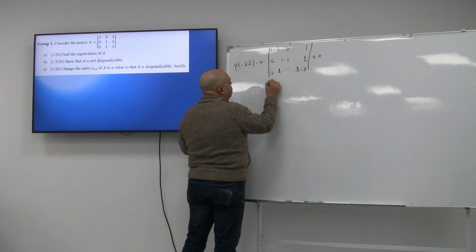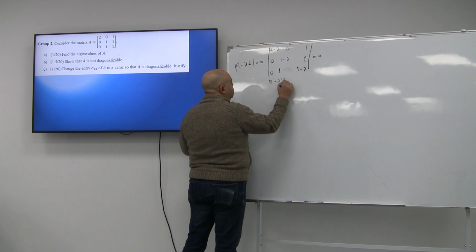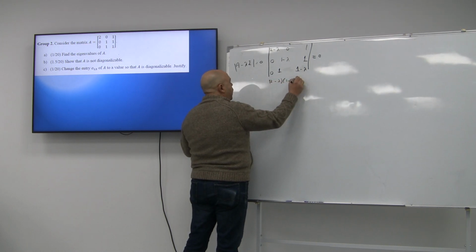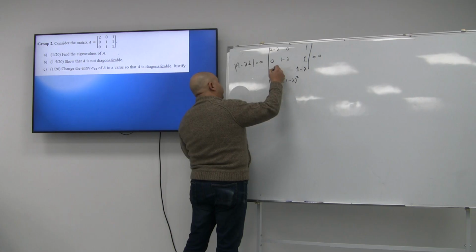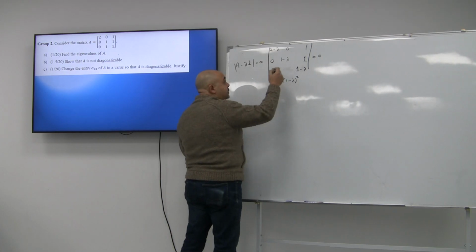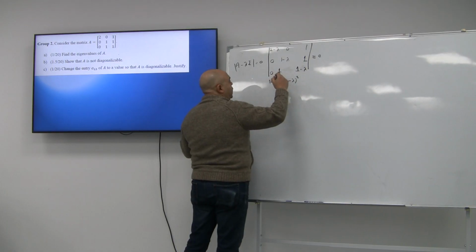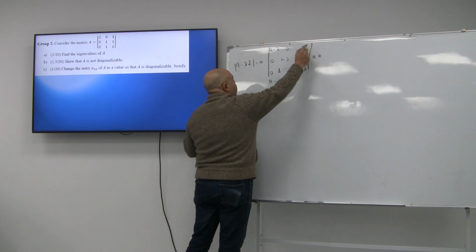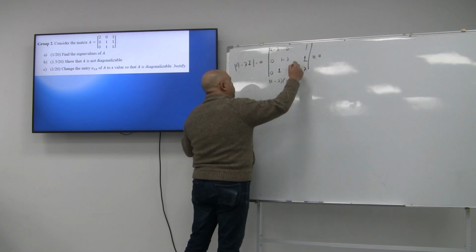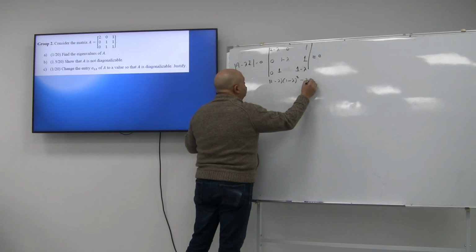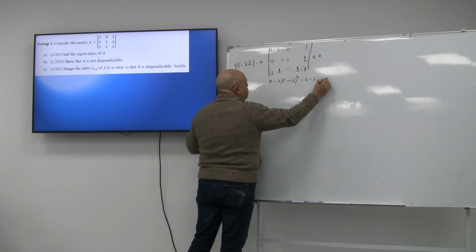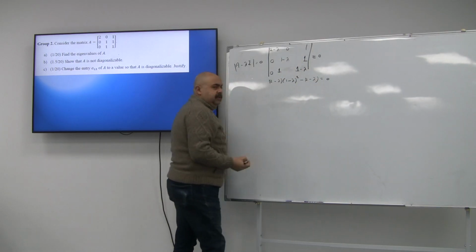So I will have 2 minus lambda times 1 minus lambda squared. Then I go for the other direction, which is going to be 0, and for the negative direction, it's going to be minus 0, then minus 2 minus lambda, as you can see. And the other direction is going to be 0.